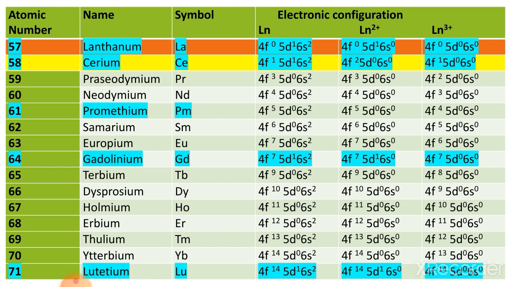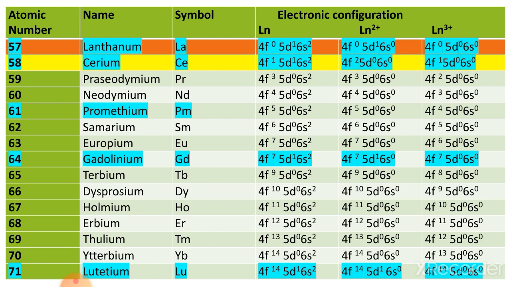Now students, look at the electronic configuration of atomic numbers 57, 58, 64 and 71. These are basically blue in color. This denotes the abnormal electronic configuration compared with the rest of the members, and some more properties which differ from the rest of the members, like promethium being the only radioactive lanthanoid. So that's why you have to know this from the table.